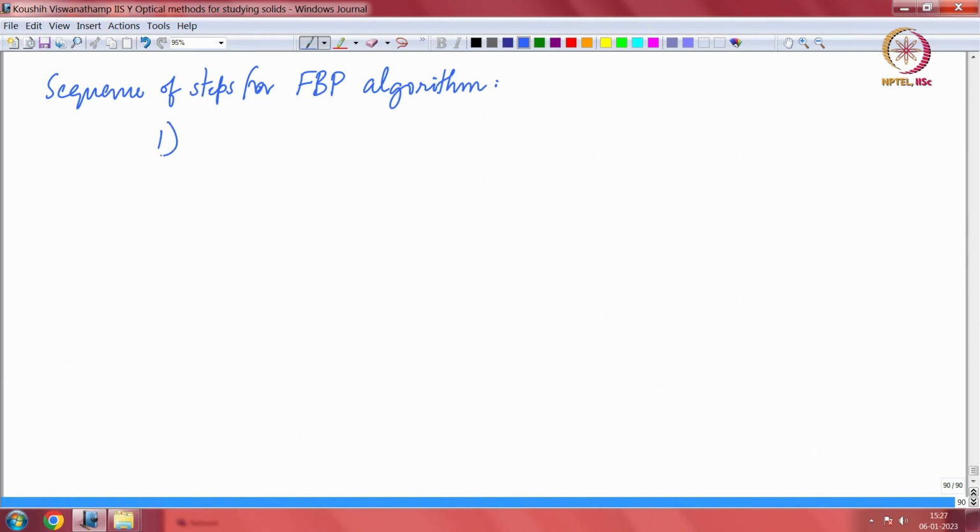Okay, the first step is you obtain of course p theta of t for all values of theta and t, whatever within some domain you have discretized it. It is obtained at some discretized angular distribution, right. So, you have some delta theta, and so you have those many slices.